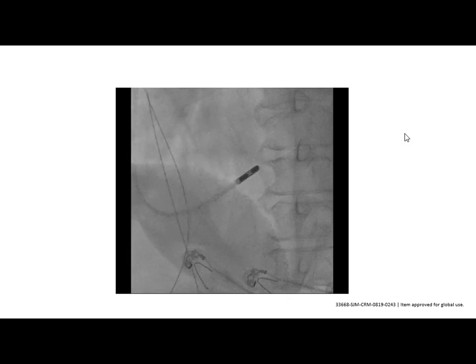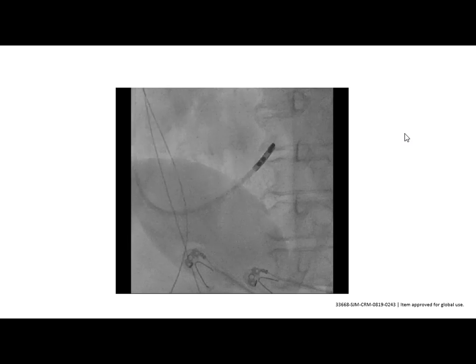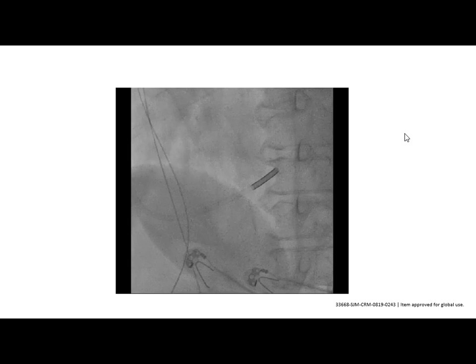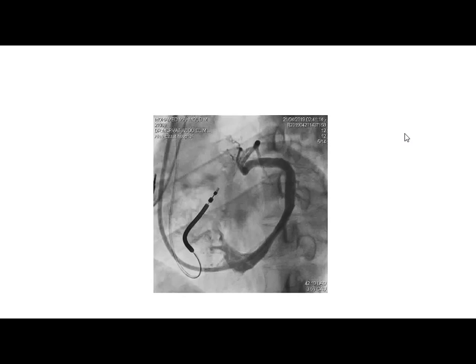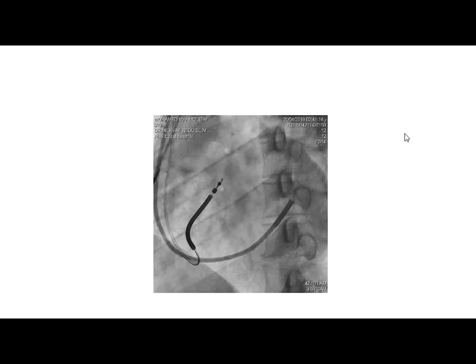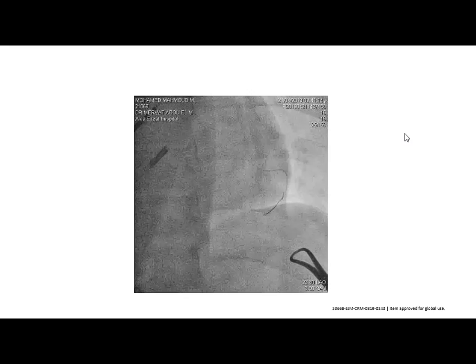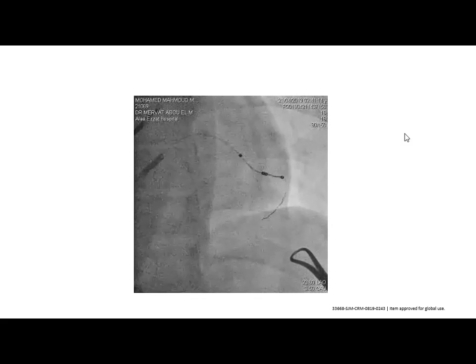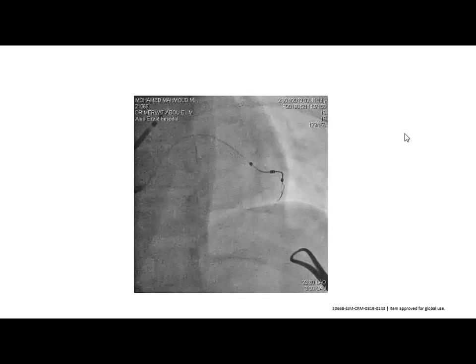This is one of the cases where we implant CRTP, okay. CRTD. This is the defibrillator lead, and then injecting the CS catheter. Yes, and this is the decapolar lead, and as you compare this with the case of the morning, the delivery of the CRT coronary sinus lead is over the wire.